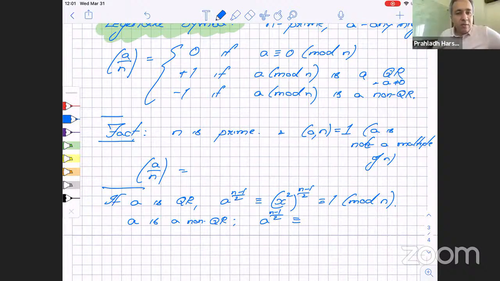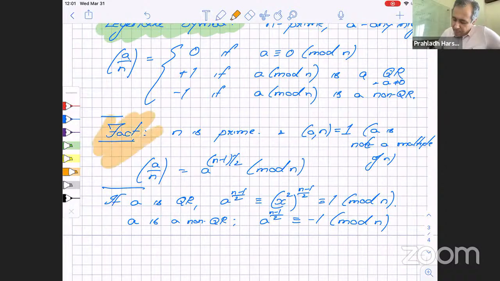It can be either 1 or minus 1 or p minus 1. In this case, actually, this is minus 1. So this is a quick way to compute if something is a quadratic residue if you know n is prime.